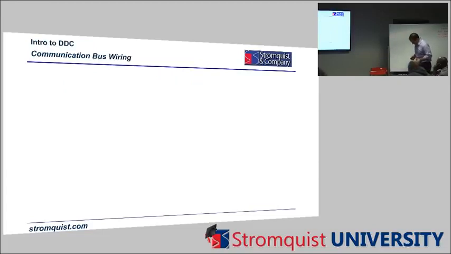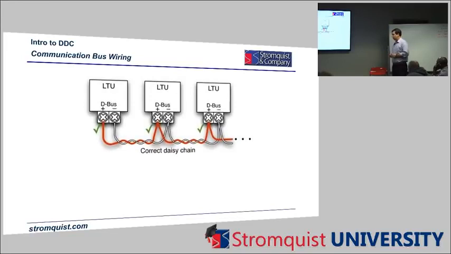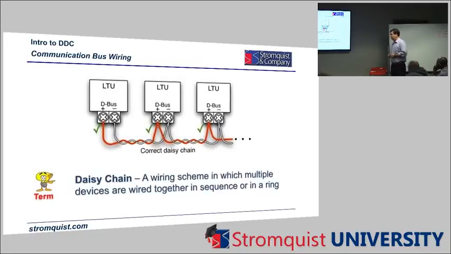All right. So when we talk about communication bus wiring, you're going to have to wire it up as a daisy chain. This was another one that was kind of hard for me to understand.